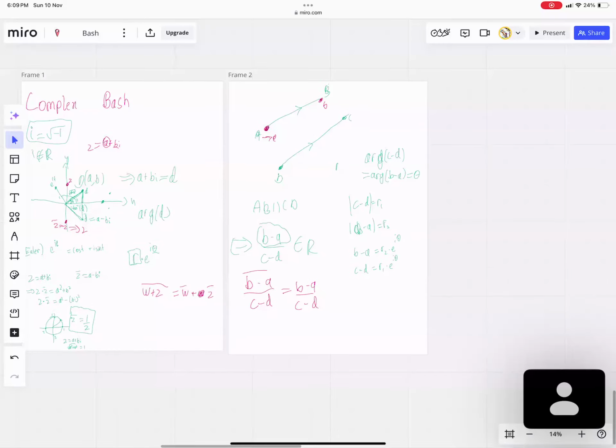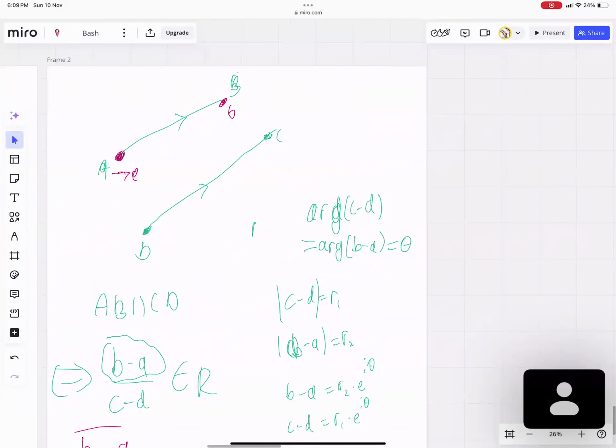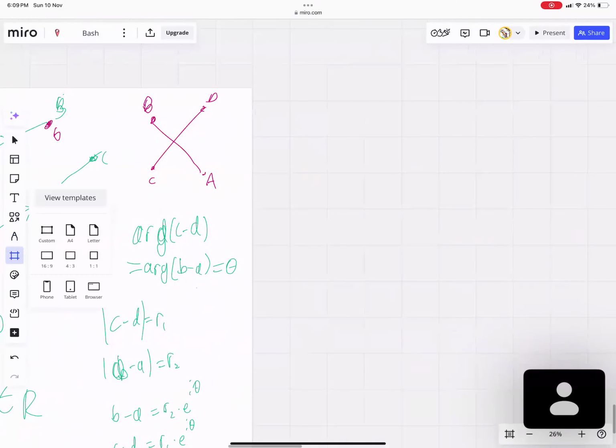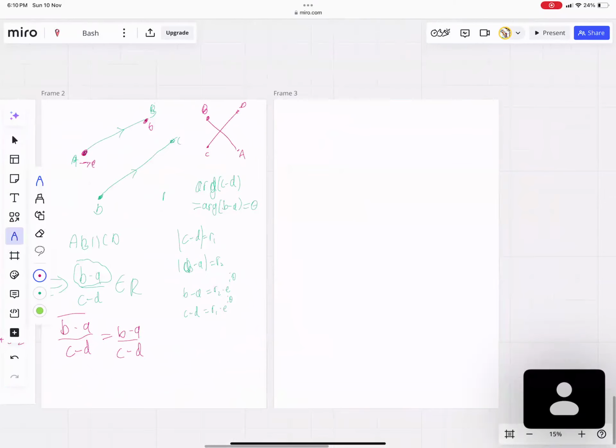So now we do something similar with perpendicular. I won't go over all the details, but we will get that BA is perpendicular to CD if and only if the conjugate of a minus b by c minus d is equal to negative of a minus b by c minus d, and it's the exact same thing as before.